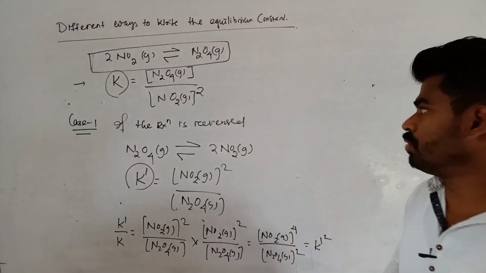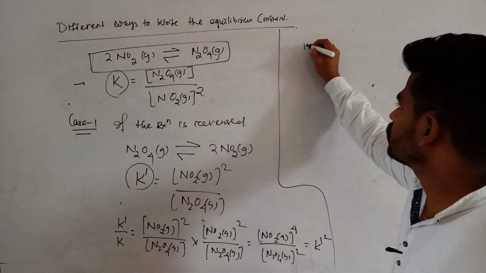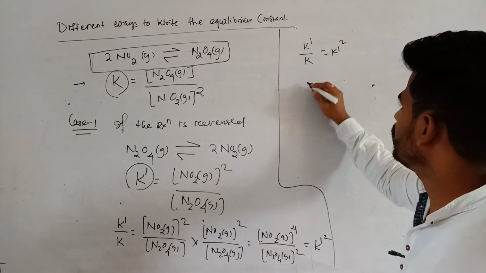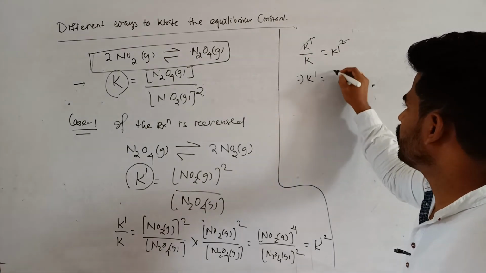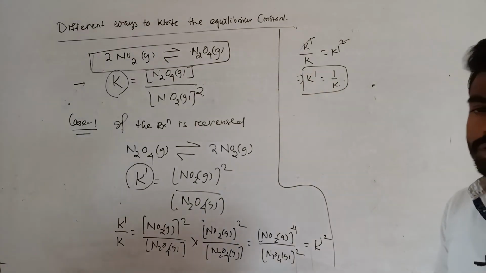So what will be the new relation? What is the new value of the new equilibrium constant? What we have got is K dash upon K equal to K dash square. So one K dash gets cancelled. So K dash becomes equal to 1 by K, that is the reciprocal of the equilibrium constant.